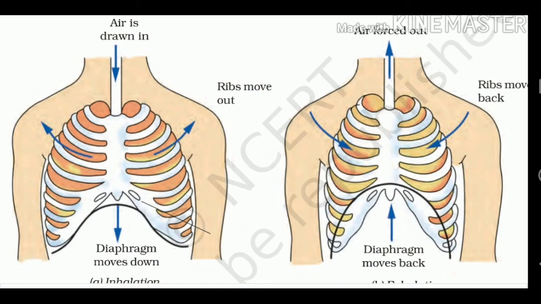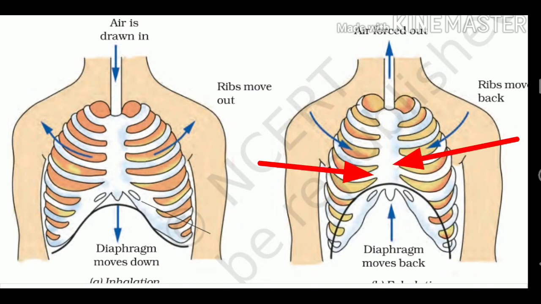Then what happens in exhalation? When we exhale air, that means the carbon dioxide rich air, what happens? The ribs move inwards and downwards, and the diaphragm moves upwards. That means they relax and return to their own position, and the lungs also relax.